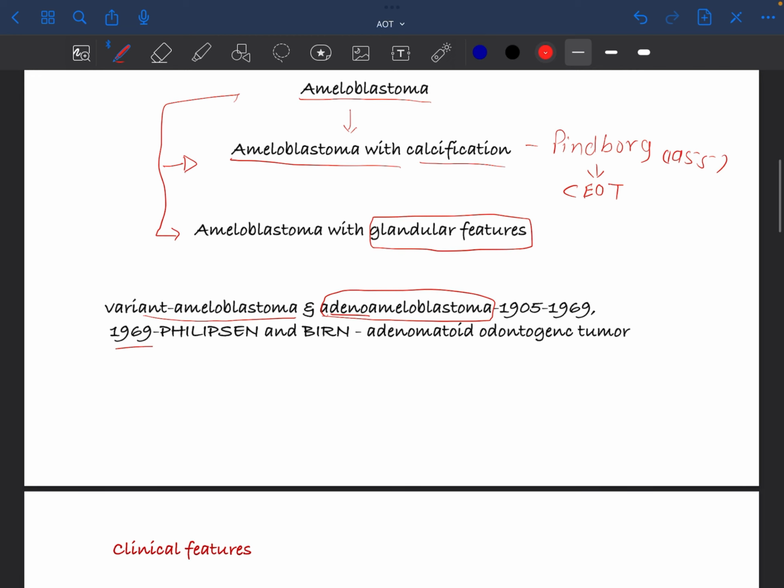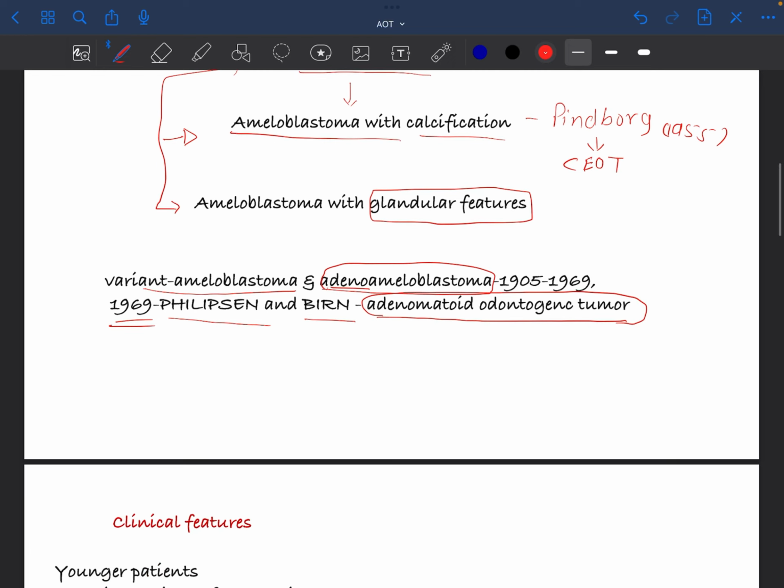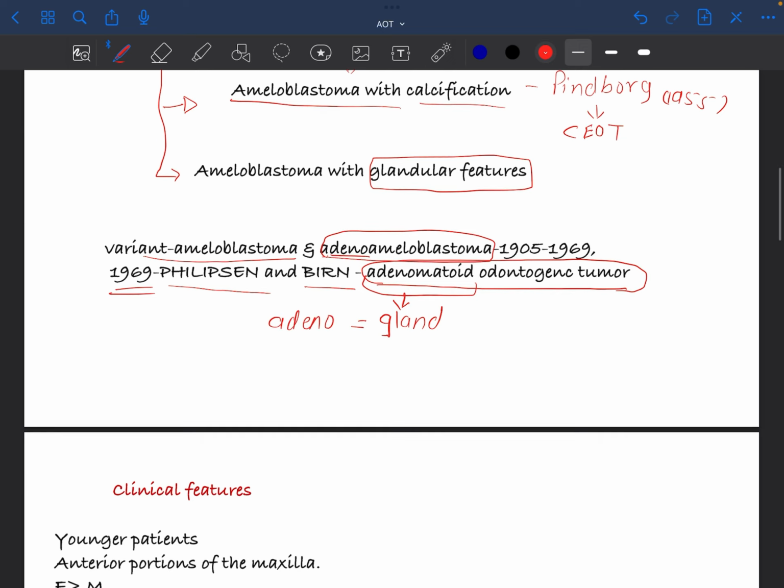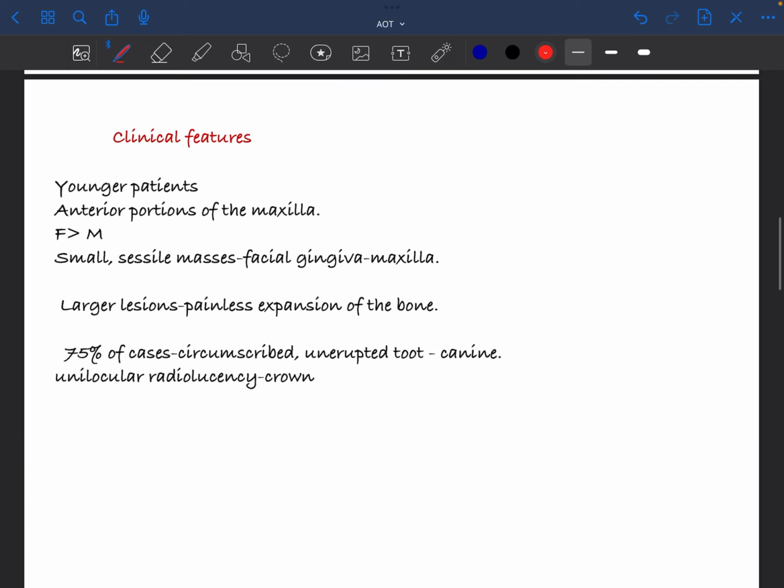But in 1969, it was Philipson and Brown who named it Adenomatoid Odontogenic Tumor, giving it the significance of a separate tumor. That's why it is known as adenomatoid. Adeno means glands. So everything is going to be the same as ameloblastoma with certain differentiators, which I'll tell you.